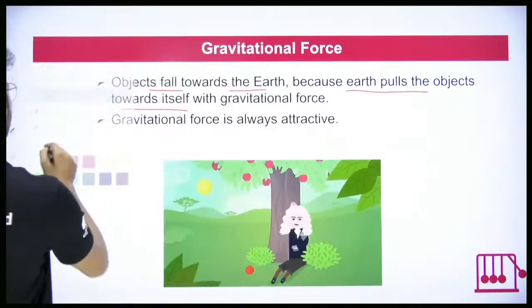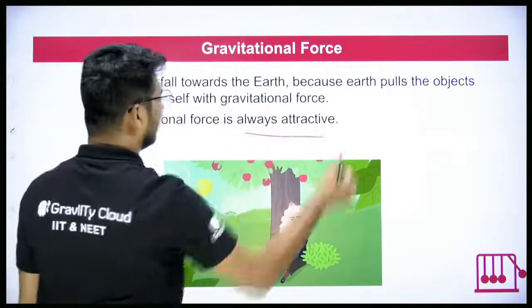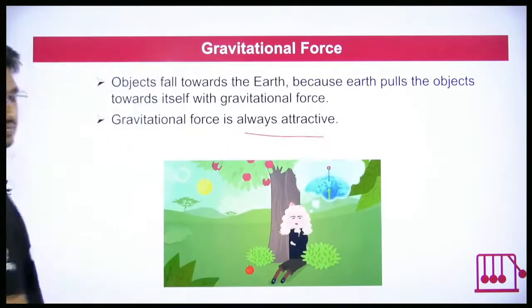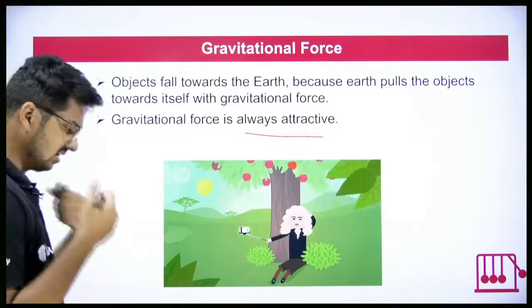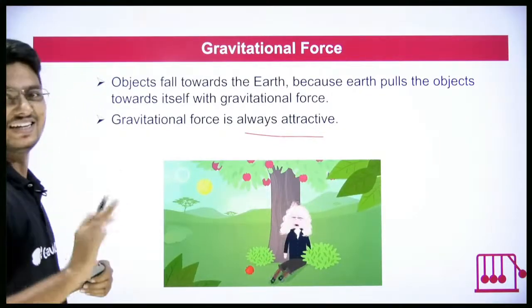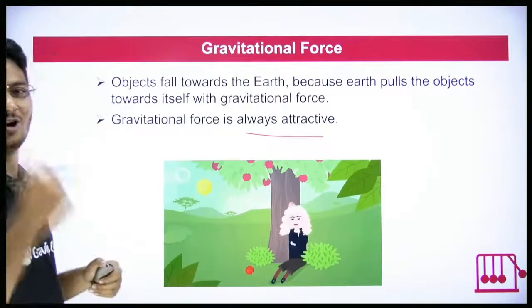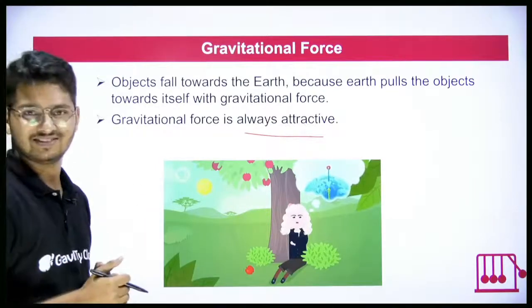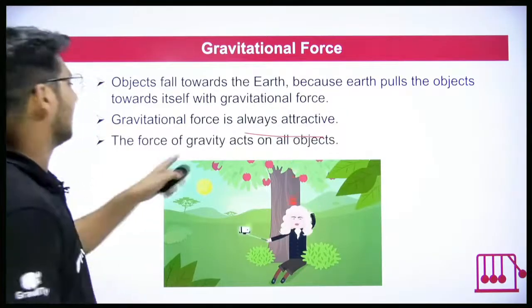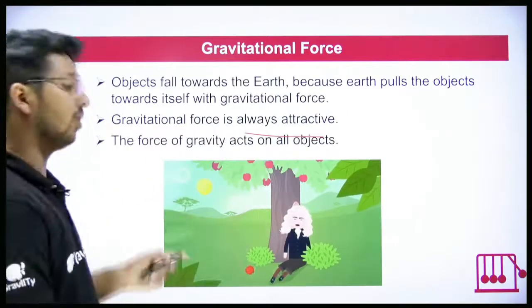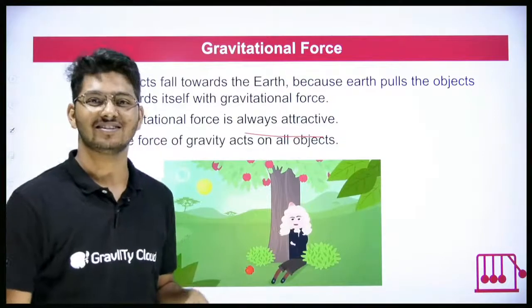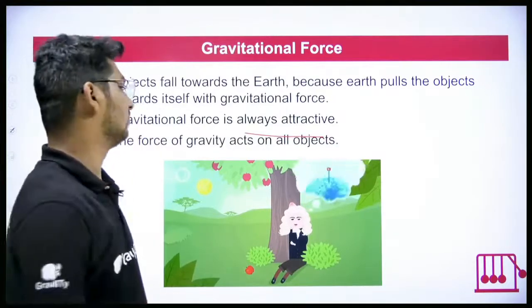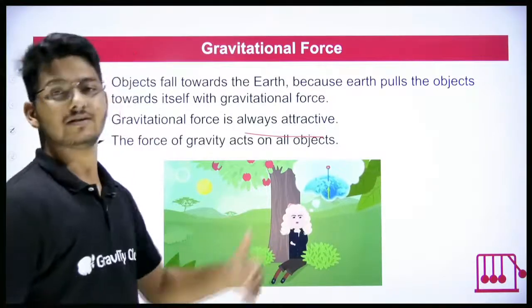And gravitational force is always attractive. Always. Earth always attracts things. Earth does not say no. Earth always says yes, everyone come towards the earth. Clear? And it acts on all objects, even on air. In fact, gravitational force even acts on air.